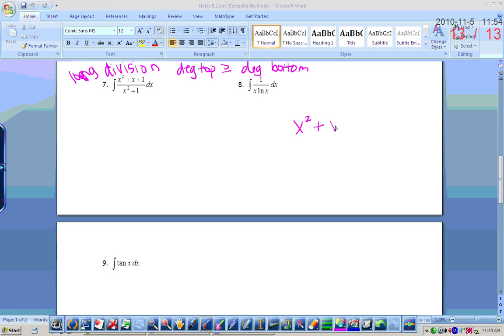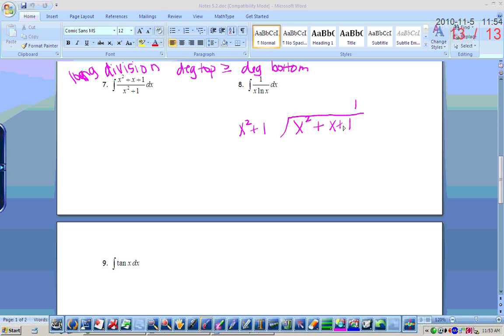The way that we're going to do this is that the top part goes under the division house. So the x squared plus x plus 1 goes under the little division hut, and the x squared plus 1 goes right there. What do you have to multiply x squared by to get x squared? 1.